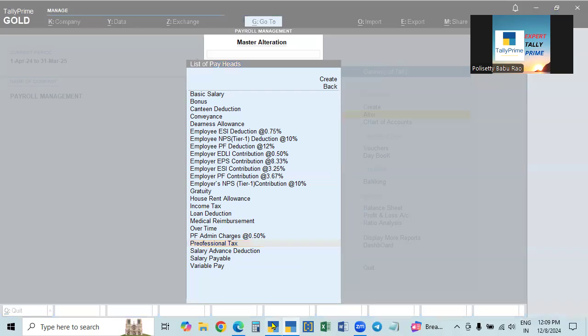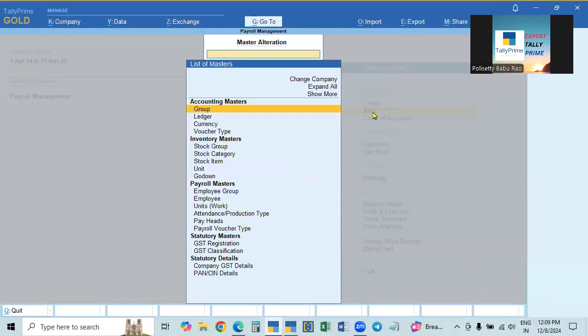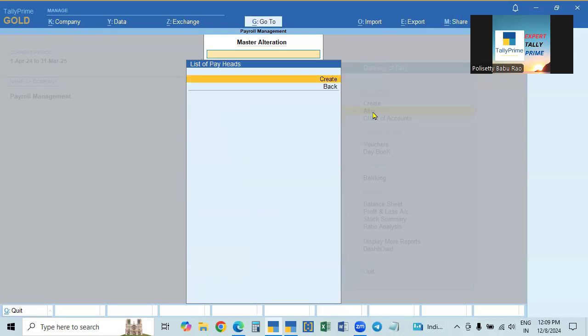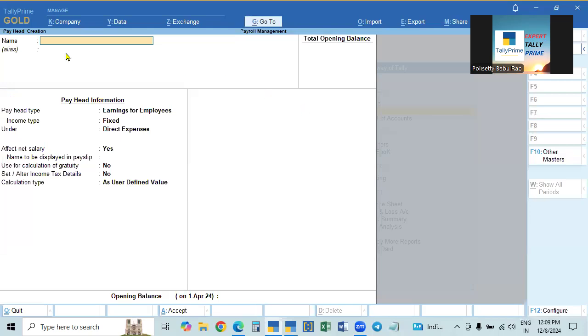So directly see here, if you want to create that, go to Tally. If you go to pay heads, here you can create all the deduction pay heads. All the pay heads, whether earning pay heads, general deductions, statutory deductions, and also employer contribution, everything comes under the pay heads.